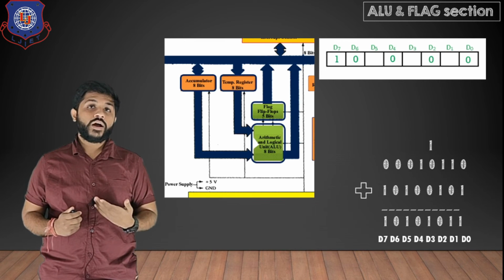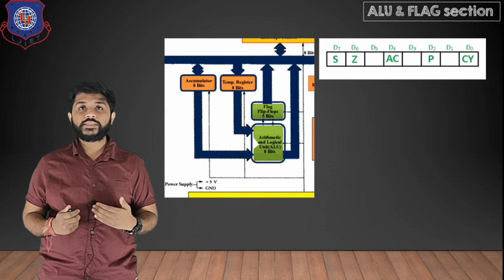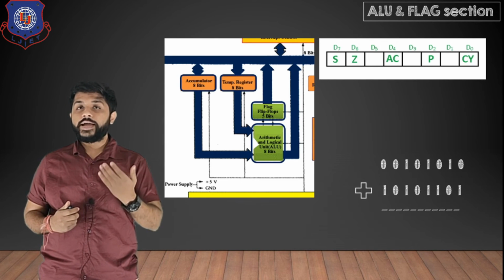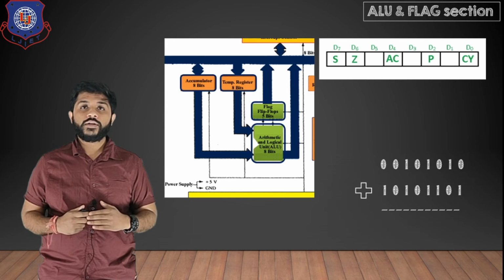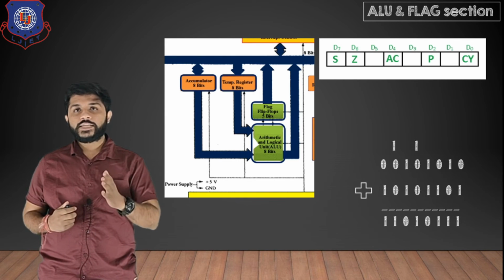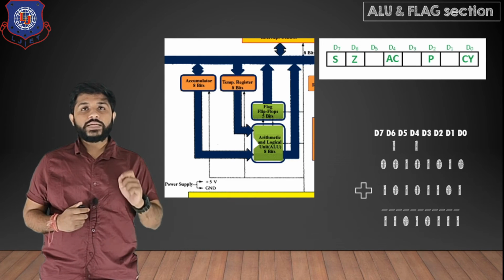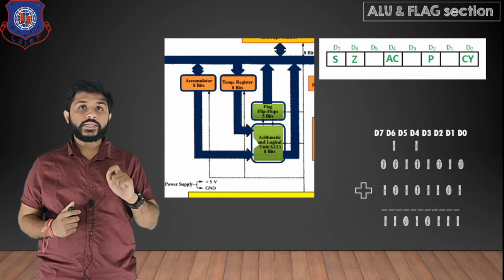Now let's see how the auxiliary carry is generated. Again, let's see the example of addition of these two 8-bit numbers, and after adding these numbers you will get this answer. Let's name these bits from D0 to D7. Now when will this auxiliary carry be set?